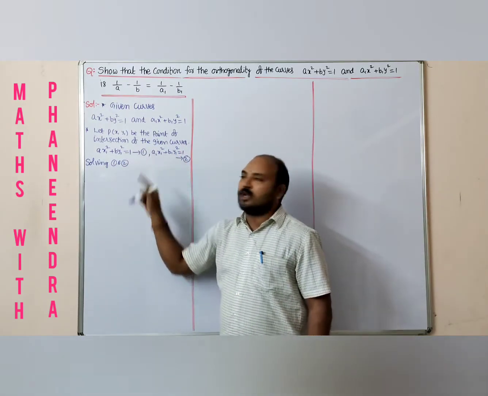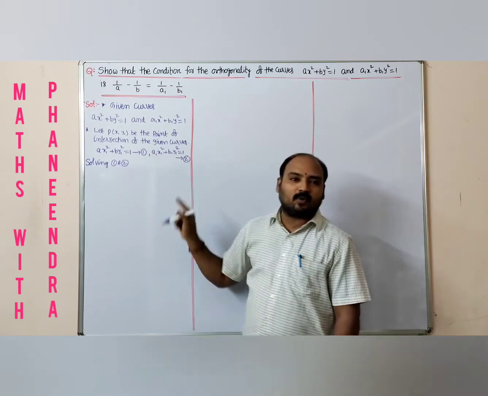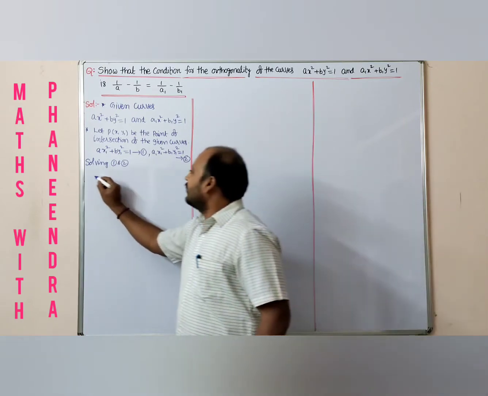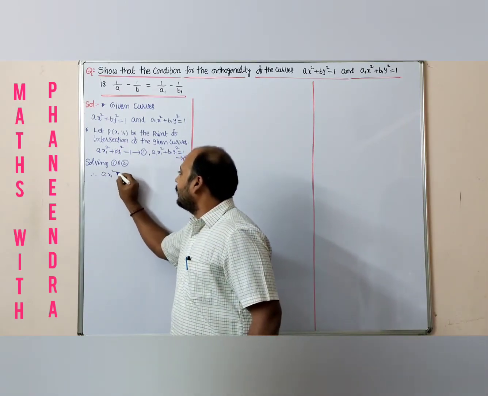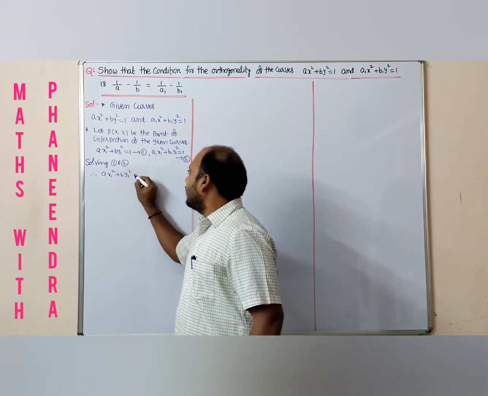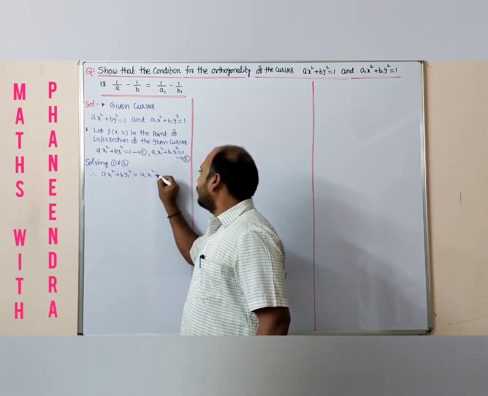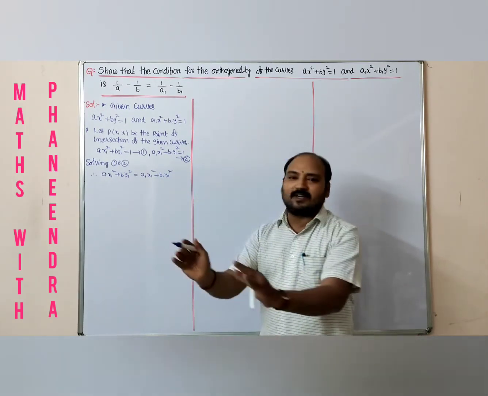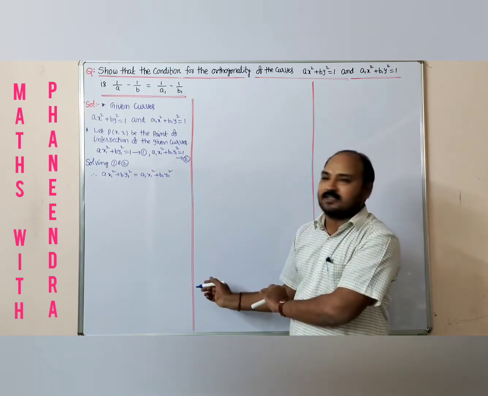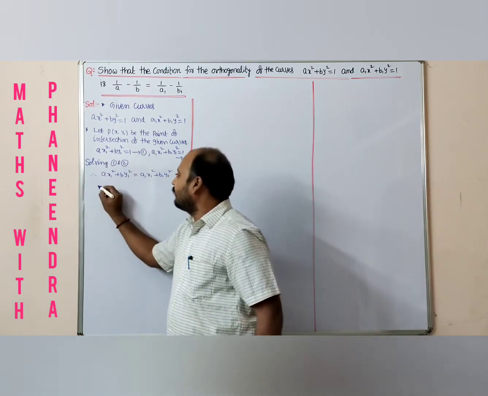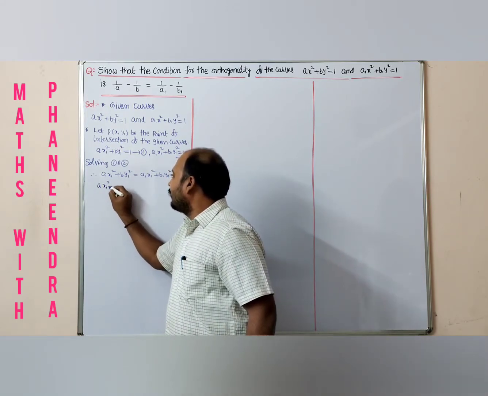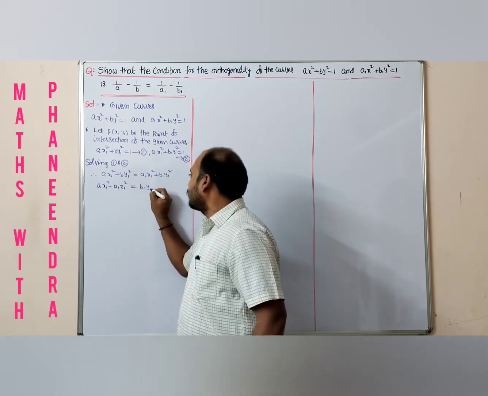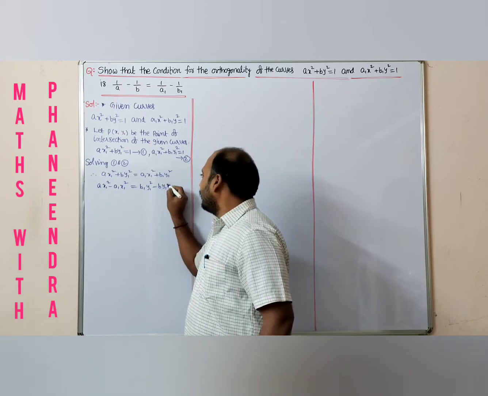By observing these two equations, RHS values are equal to 1. So whenever RHS values are equal, we can equate LHS. Therefore, ax1 square plus by1 square is equal to a1 x1 square plus b1 y1 square. So all the x1 square terms one side and y1 square terms another side. So ax1 square minus a1 x1 square is equal to b1 y1 square minus by1 square.